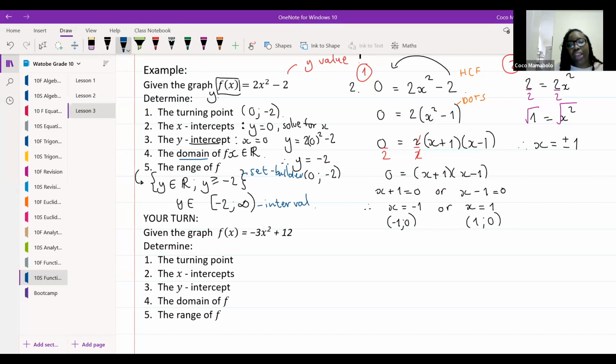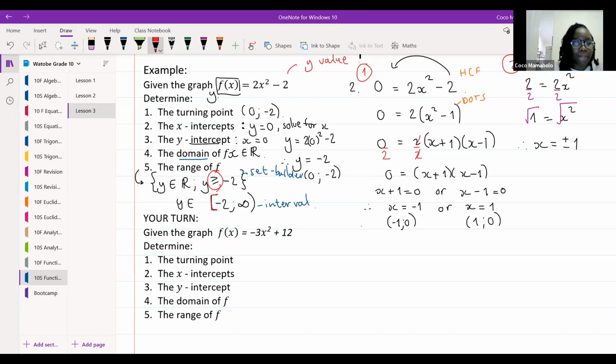So if I had to write the domain in terms of interval notation, I would go x is an element of open brackets negative infinity to infinity, excluded on both sides. So that's the domain. The domain only speaks to the x values. The range is only the y values. Now remember, because of the turning point, this square bracket that you've given me is the same thing as greater than or equal to.